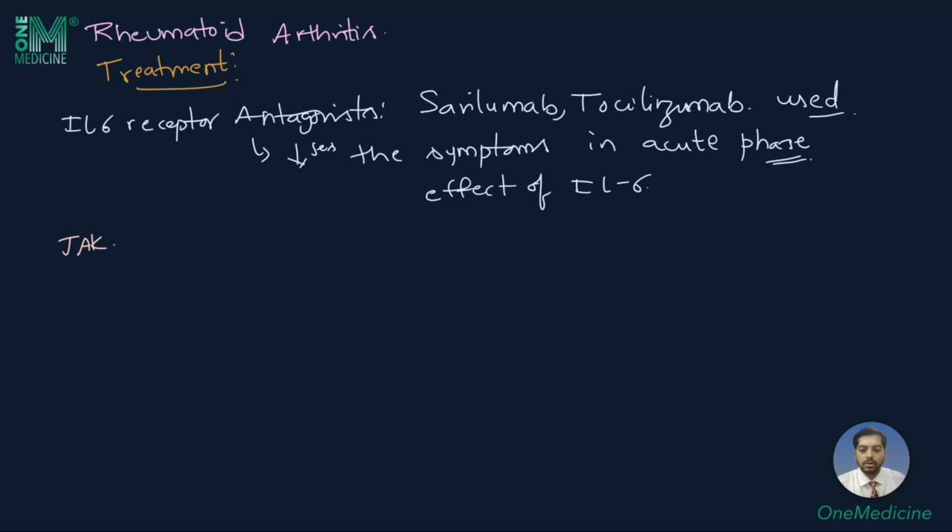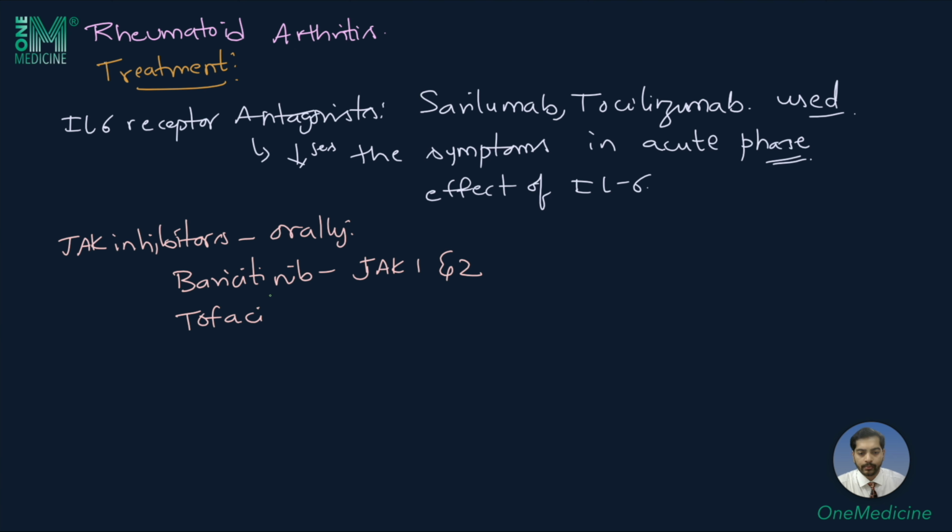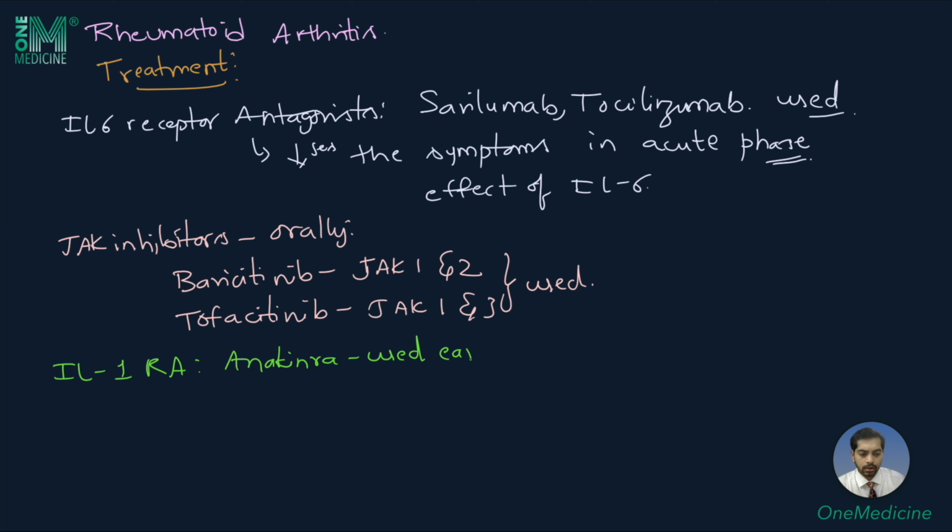JAK inhibitors, which can be used orally, include baricitinib, which inhibits JAK 1 and 2, and tofacitinib, which inhibits JAK 1 and 3. Interleukin 1 receptor antagonist, which is anakinra, was used earlier.